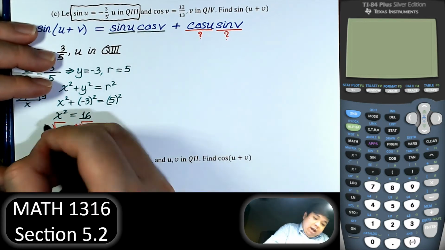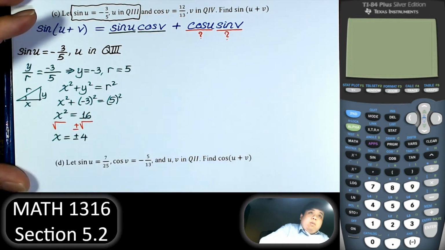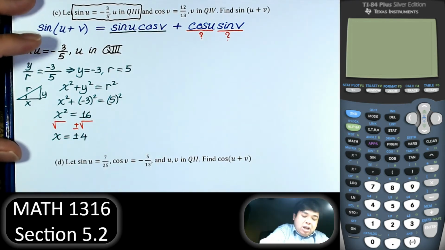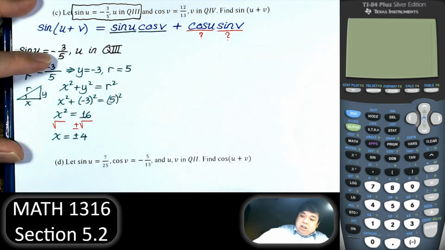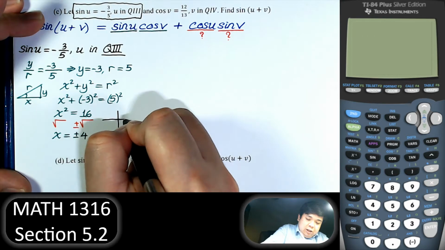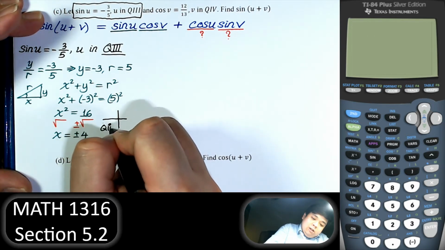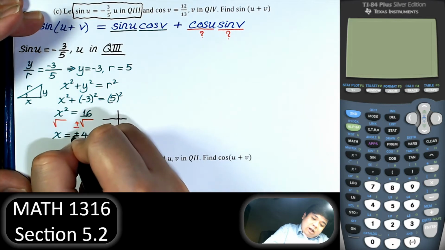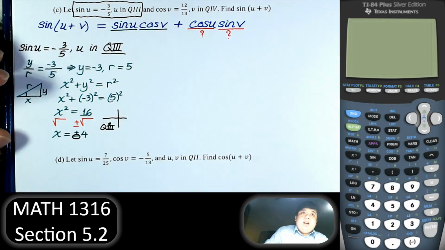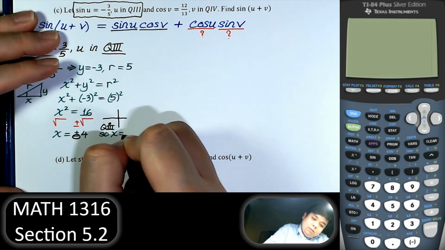So in this case, x is plus or minus 4. Is that a plus or a minus? Well, easy to determine because it is in quadrant 3. In quadrant 3, it's going to be negative. So x is negative 4.